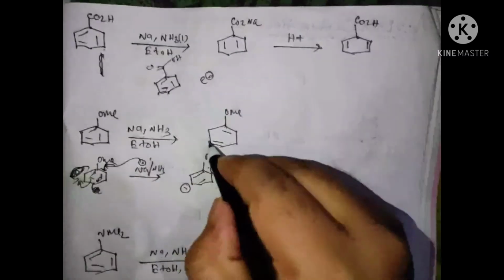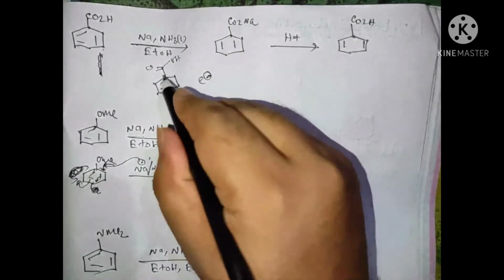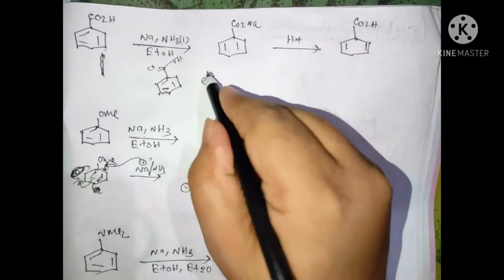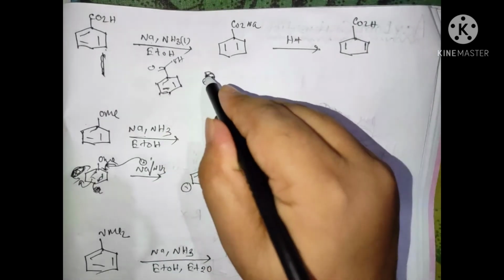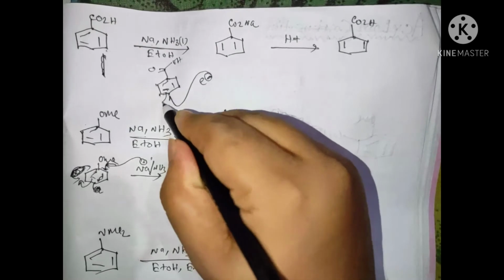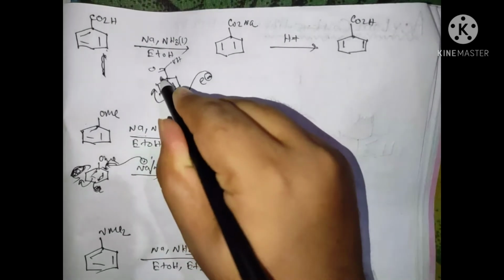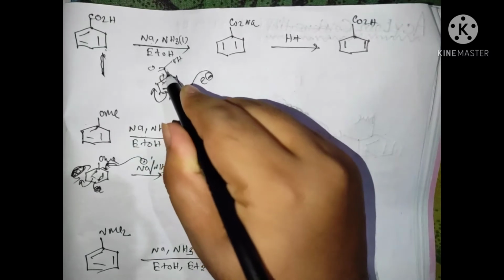So where should it attack? It attacks the position where the anion we get after the attack will be more stable. If it attacks this carbon, this goes to this and this goes to this. So this anion is stabilized because an electron withdrawing group is present.